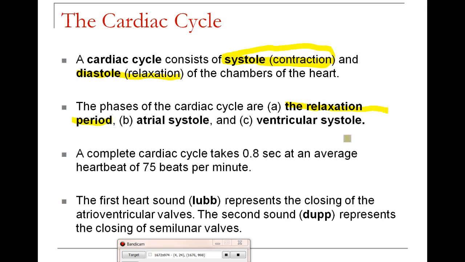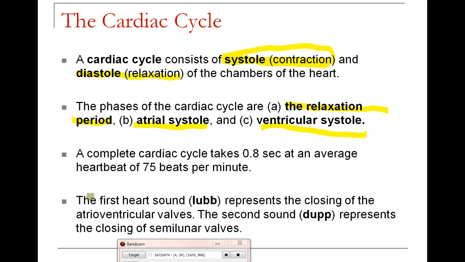There's a little resting period, which is the relaxation period. Then there's atrial systole, so the atria contract. Then the blood flows through the AV valves and into the ventricles, and then the ventricles contract. One cardiac cycle takes about 0.8 seconds. If it takes about 0.8 seconds, that means your heart rate is 75 beats per minute.